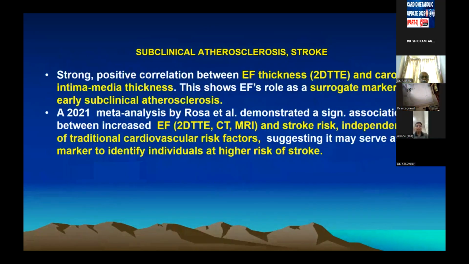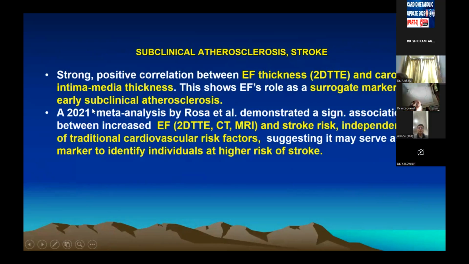What about subclinical atherosclerosis and stroke? Well, there is a very strong positive correlation between epicardial fat thickness by two-dimensional echo and carotid intima media thickness. This shows epicardial fat's role as a surrogate marker of early subclinical atherosclerosis.